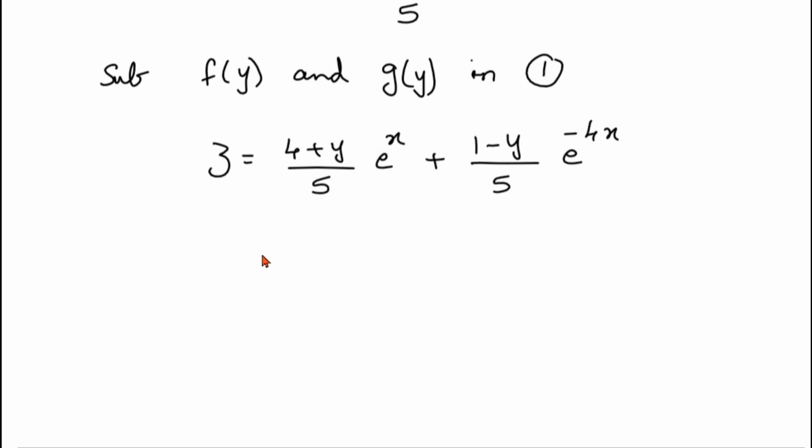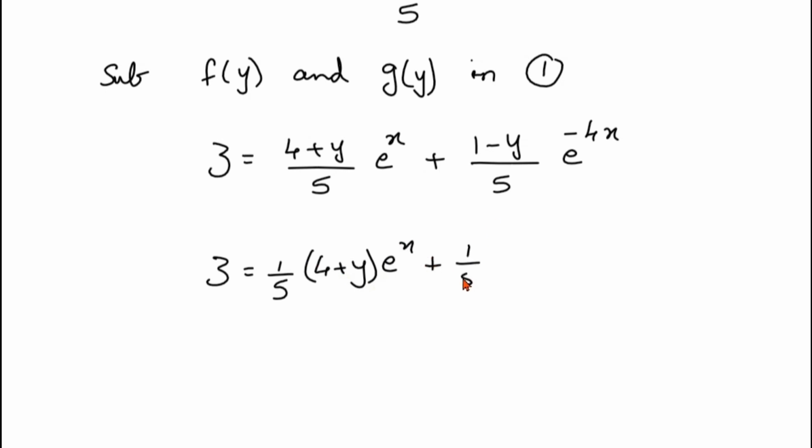Or if I rewrite this, the value of z will be equal to, taking 1 by 5 common, (4 plus y) into e^x, plus (1 minus y) into e^(-4x). That is the required solution. That's all I have for today. Thank you.